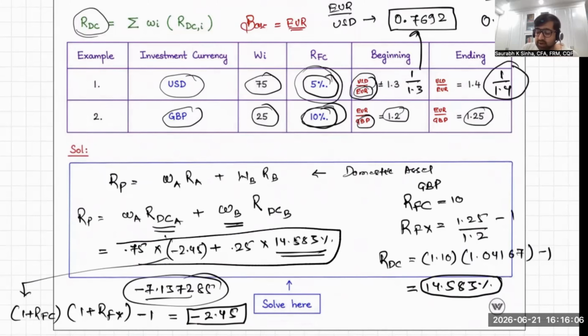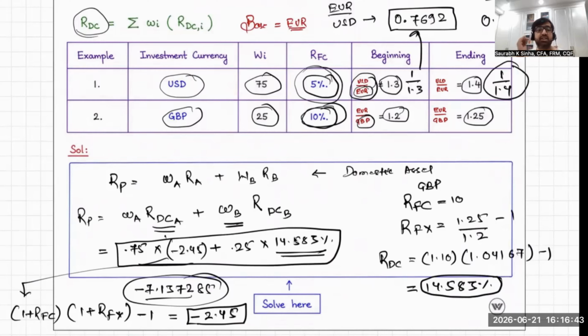If you would have used this quotation of 1.3 and 1.4 directly, first of all, this will give you incorrect appreciation of USD. The second, even if you say that USD has depreciated and I can simply use 1.4 upon 1.3 and find out the value, still you cannot use the value, because if you do 1.4 upon 1.3, this will give you a value of 7.69% as a depreciation in USD.